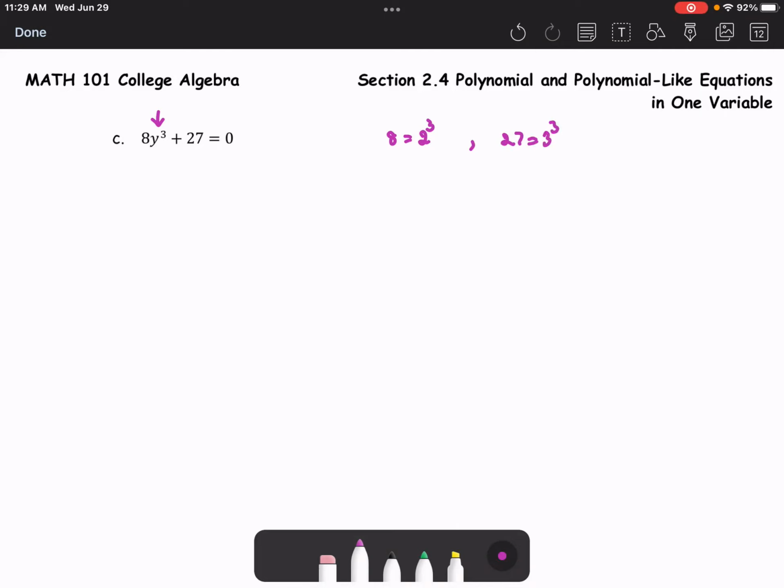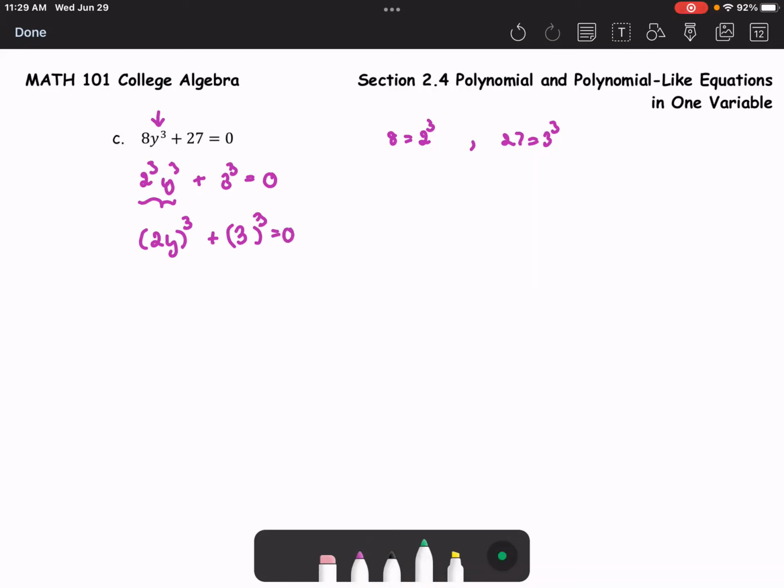So we can rewrite this as 2 to the third times y to the third plus 3 to the third power. So all of them have the power 3. But for the first term, we can write those two factors as 2 times y raised to the power 3 plus the quantity 3 to the power 3 for the second term.